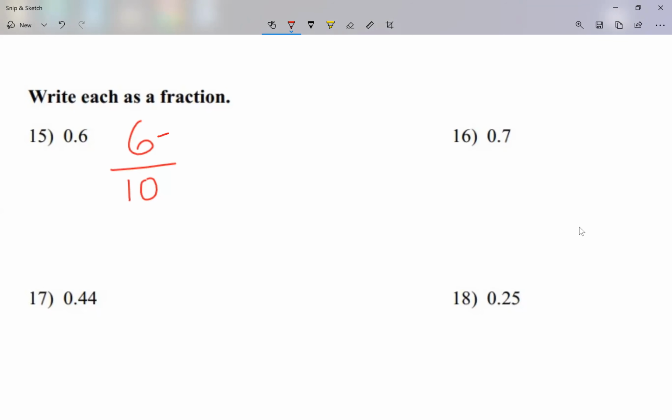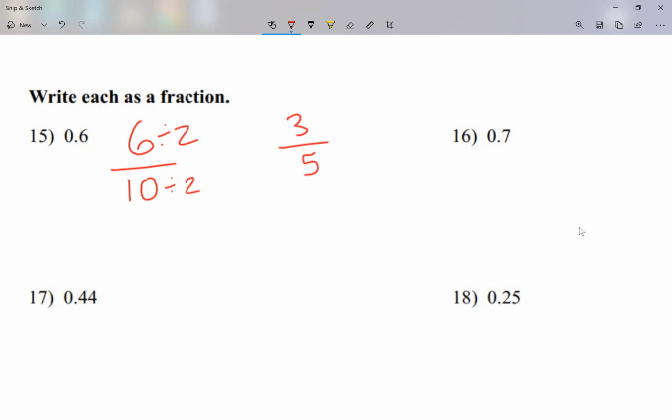So let me divide top and bottom by 2, because I had to divide them by the same thing. 6 divided by 2 is 3. 10 divided by 2 is 5. 3 over 5 is equivalent, so that means it is the same thing as 6 over 10. The only thing is that it is simplified because my numbers are smaller.